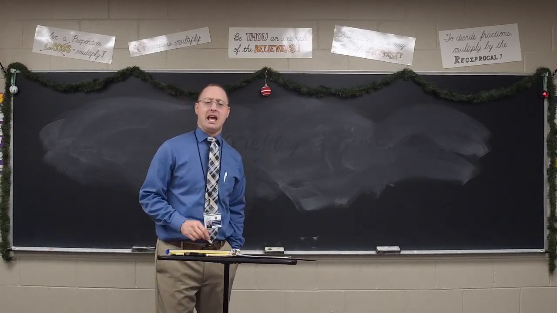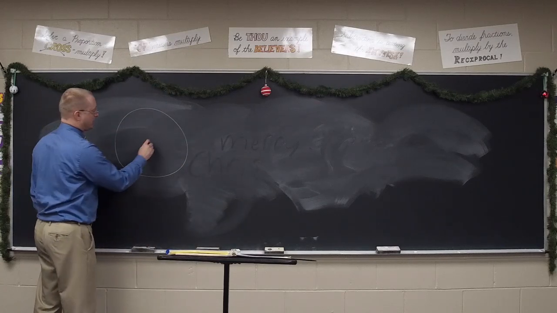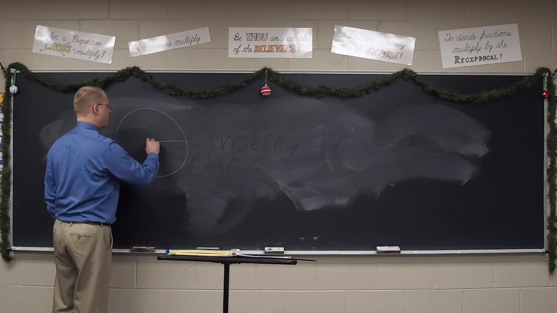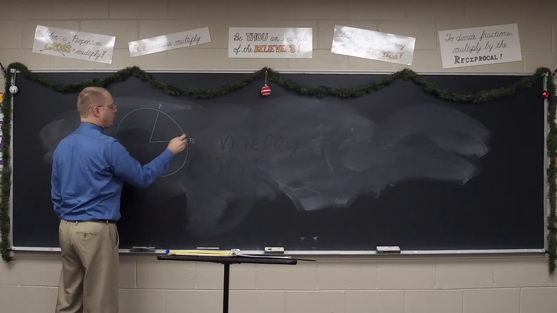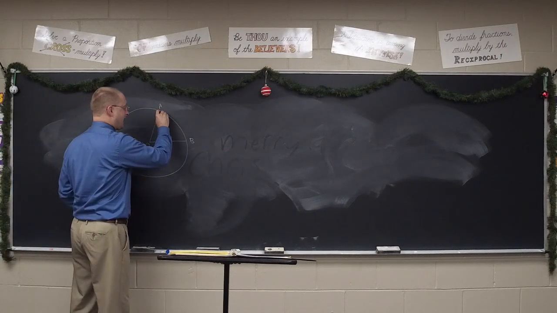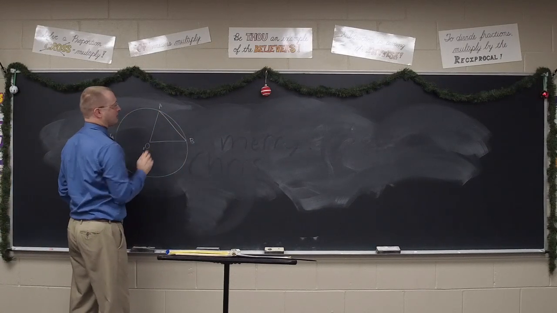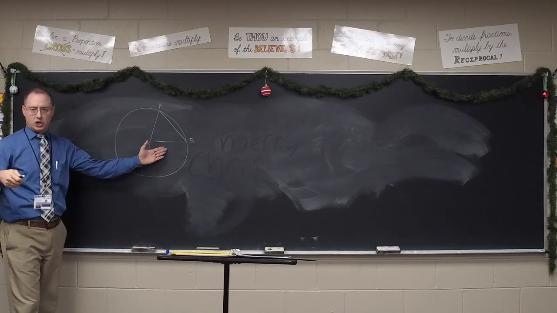How do I indicate, for instance, if I had a circle here, pretend that's a circle, I know it doesn't look great, but let's suppose I had this point A, this point B, we'll call the circle O, and I could also draw a line from A to B. Well, OA, class, that's called a radius. OB is called a radius.